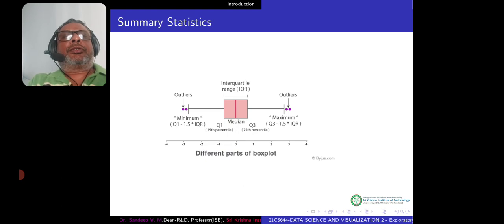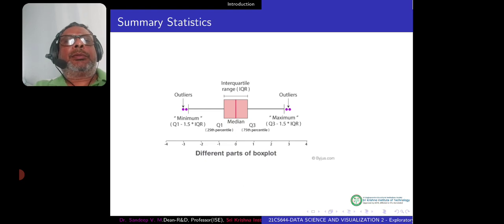Now, the different parts of the box plot. What we do is first identify the median and then quartile 1 and quartile 3. The difference between the first quartile and the third quartile is called the interquartile range, IQR. Then from the first quartile you go down by 1.5 times the IQR, and that becomes the minimum, and in the same way you move up 1.5 times the IQR from quartile 3, and that becomes the maximum.